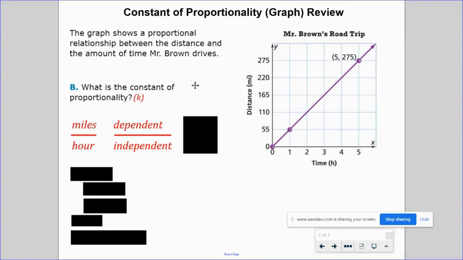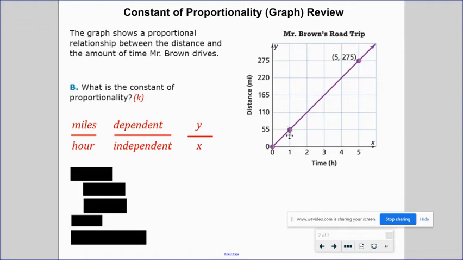We know our miles is associated with all of our Y coordinates, and all of our time is associated with our X coordinates. And this ratio of y to x is probably the most important piece of this lesson, because in order to find our constant of proportionality, which can be represented with the variable k, we're going to take our y values and divide them by x.